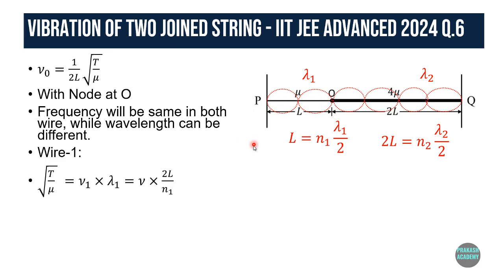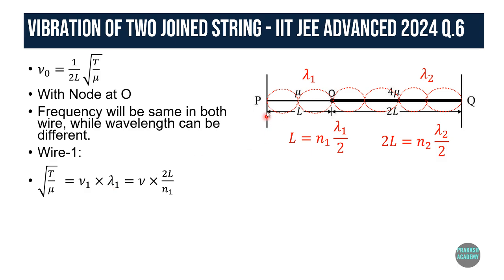We know that velocity in a wire is given by the square root of tension divided by mass per unit length. So velocity equals the square root of tension divided by mass per unit length mu, and velocity is also equal to nu times lambda.